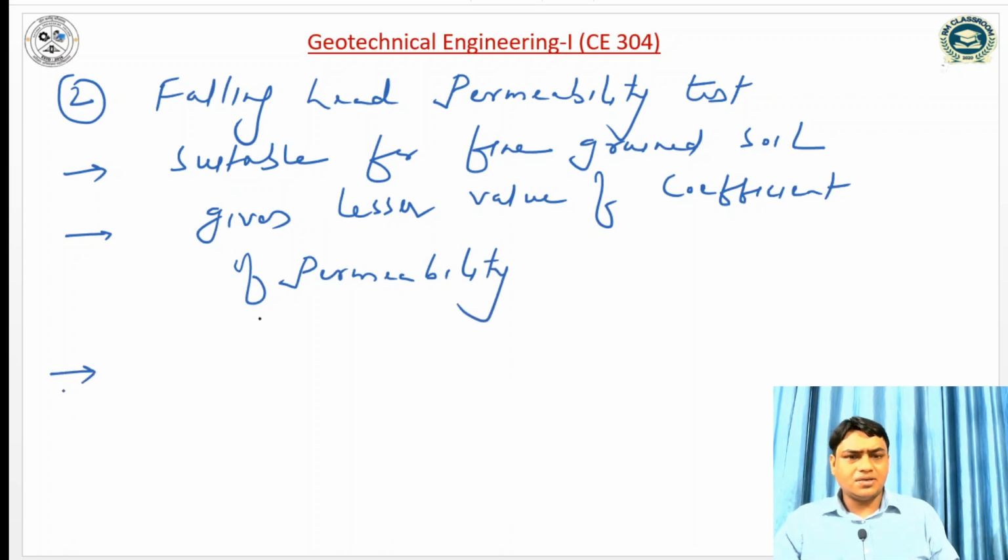As we know, fine grained soil has a smaller coefficient of permeability as compared to coarse grained soil like sand and gravel. So this test is suitable for fine grained soil and gives a lesser value of the coefficient of permeability.